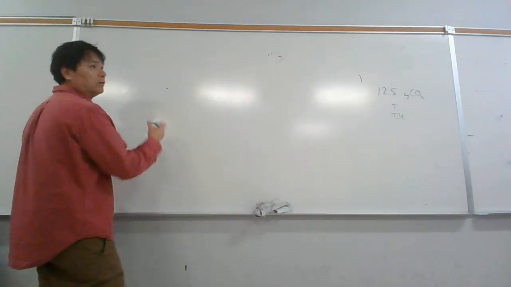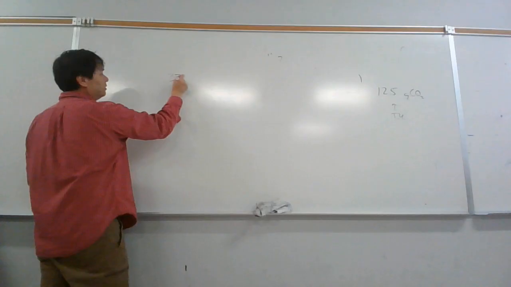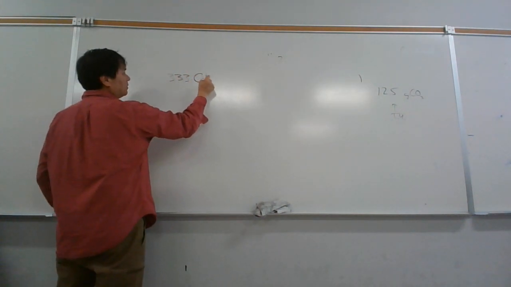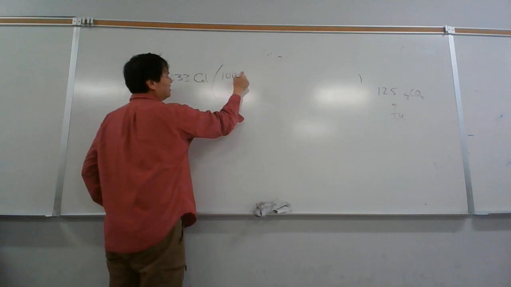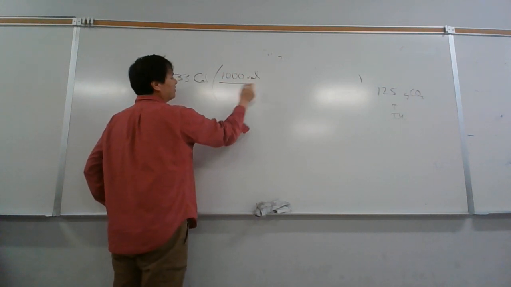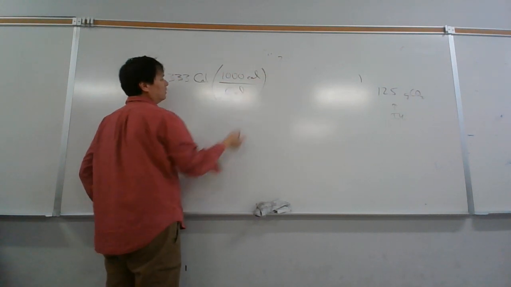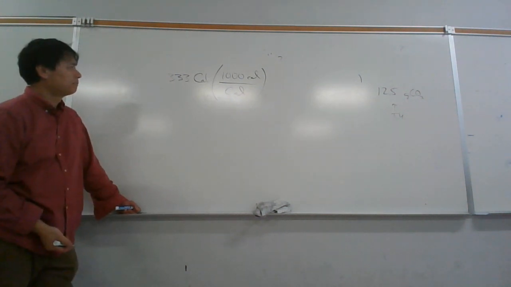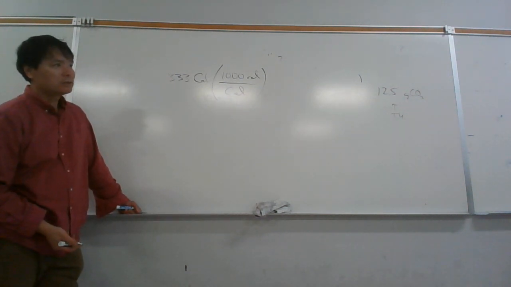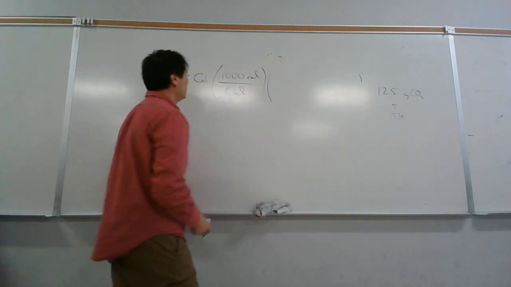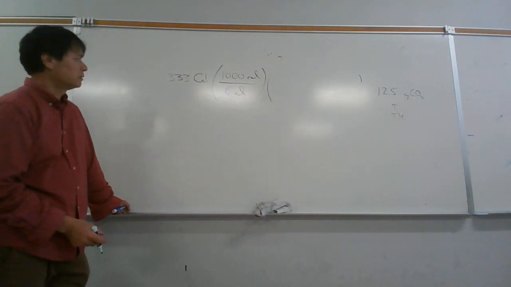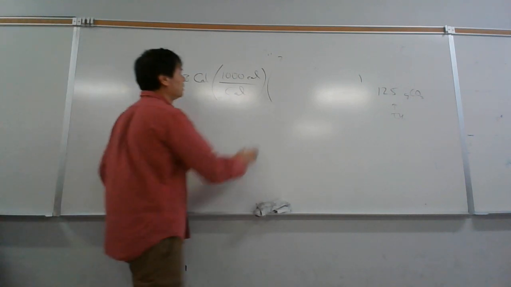So number 54 is, if we had 333 food calories, which has a capital C, then we know that there is 1,000 little calories for every big calorie. And they want us to know how many joules and how many kilojoules. So this would be 333,000 little calories.